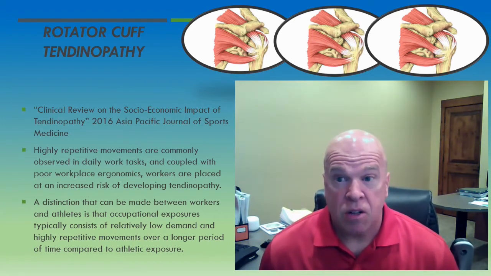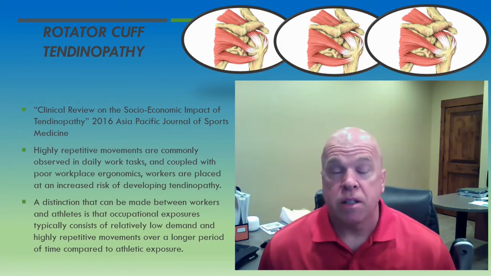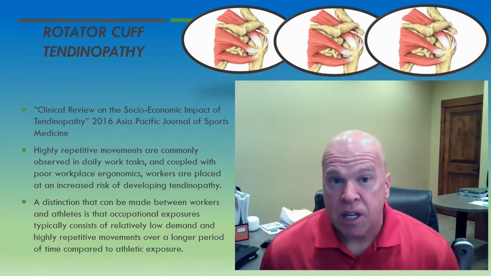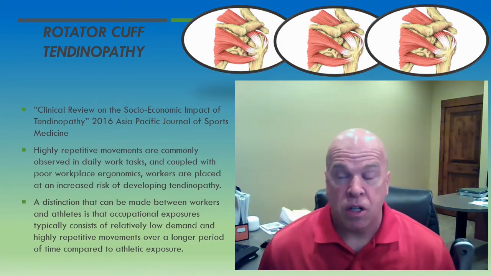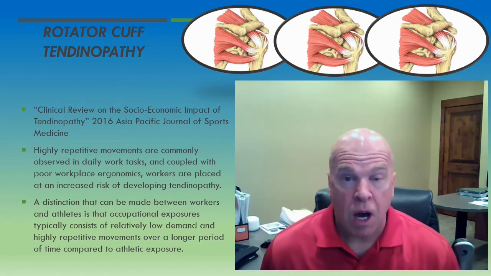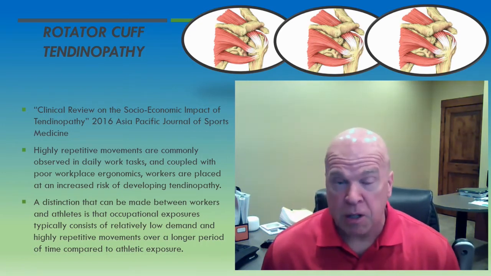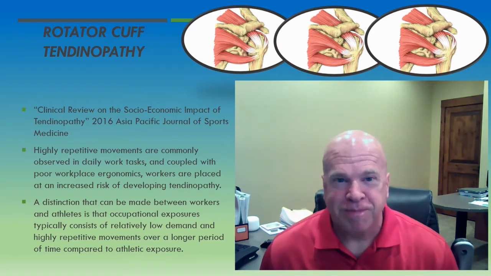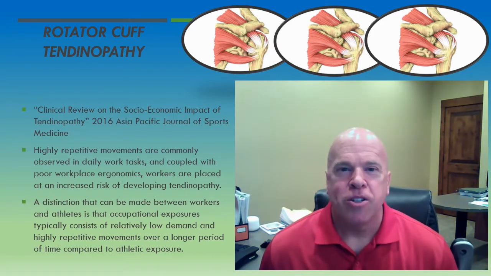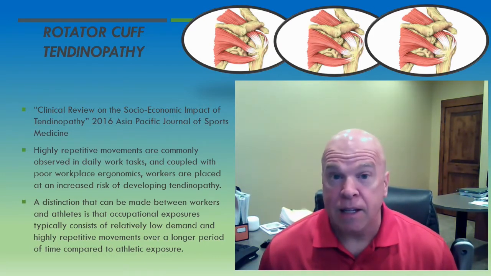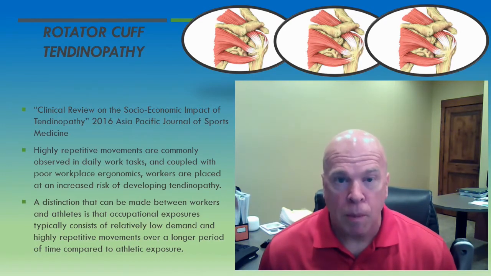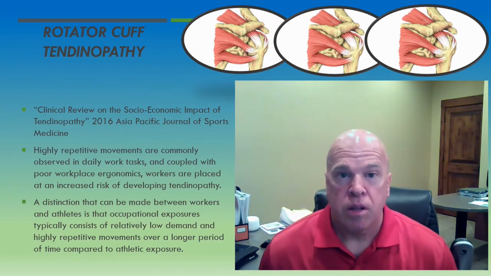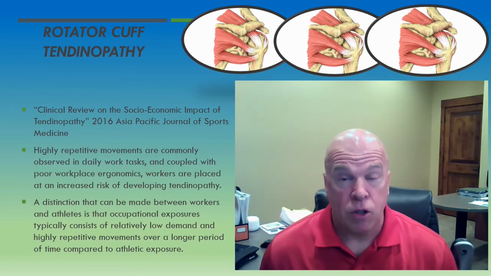And in this study, they talk about how prevalent tendinopathy conditions are in the general population, not just rotator cuff tendinopathy, which, as we learn, two-thirds of people will at some point in their lifetime complain of shoulder pain associated with various tendinopathy conditions around the shoulder.